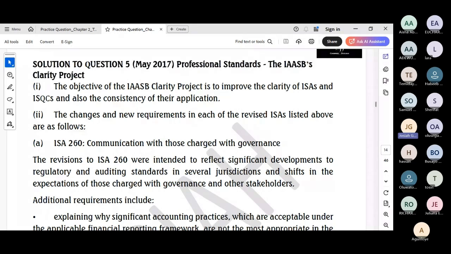The solution is clear and concise, and accurate with what is in the study text. So the core aim of the clarity project is to improve the clarity and consistency of the application of ISAs, and also the former ISQCs, which are now the ISQMs. The ISQMs have replaced the ISQCs.